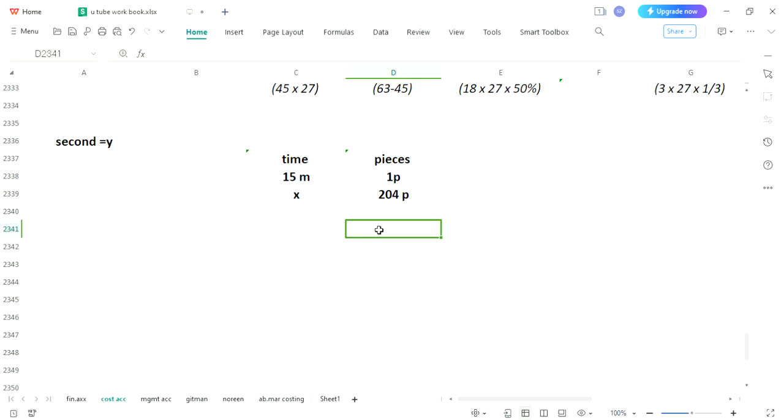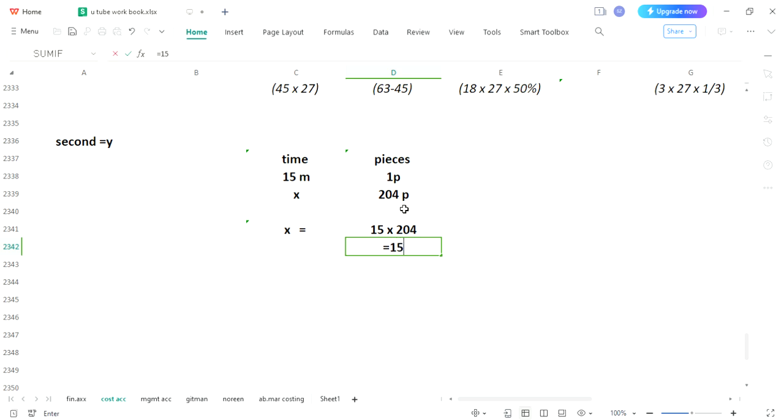We will not use our brain, simple cross multiplication. X would be multiplied with 1, so only X would be present over here. And on right side of equal to, second cross multiplication, 15 would be multiplied with 204. Alright, statement is completed.